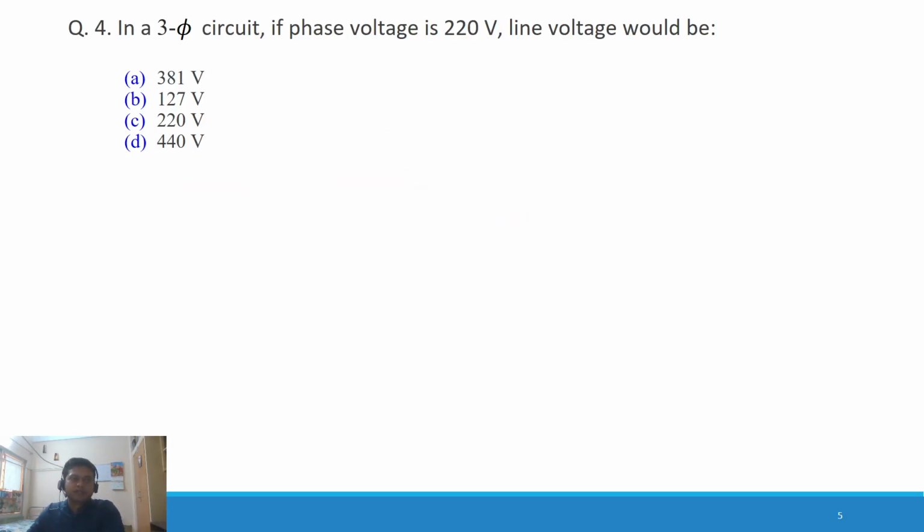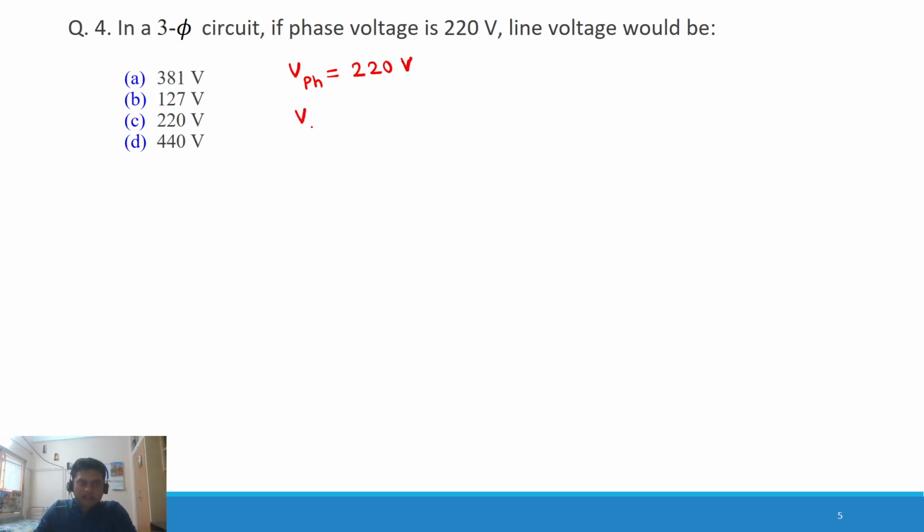Now let us see the fourth question. In a three-phase circuit, if the phase voltage is 220 volt, the line voltage would be? This one is a very simple question, and the week zero assignment will just test your basics. So I hope you will be able to solve all these questions very quickly. The magnitude of V phase is given as 220 volt.